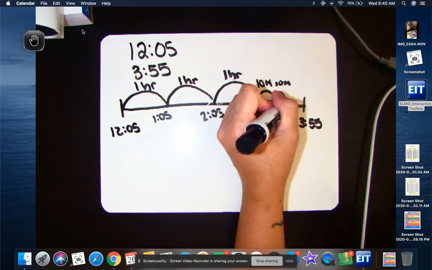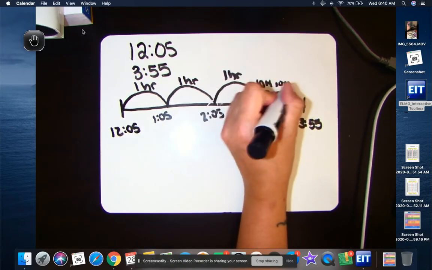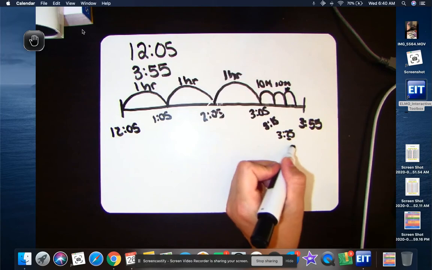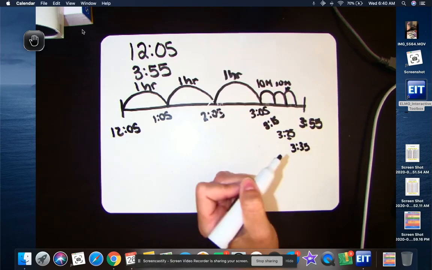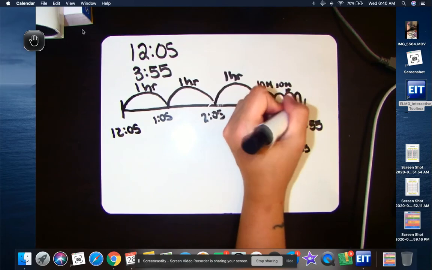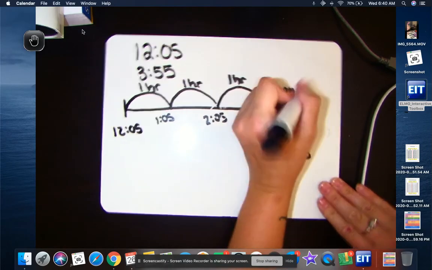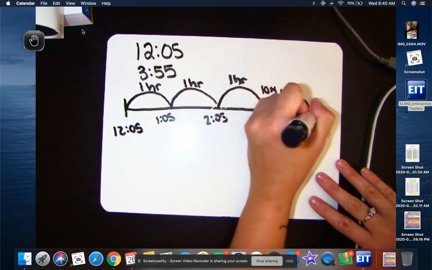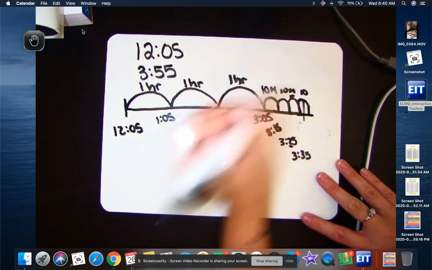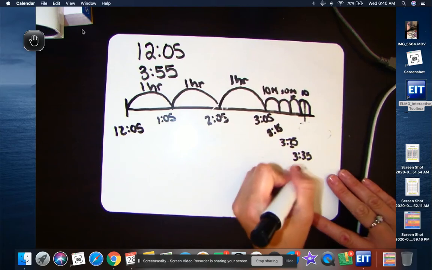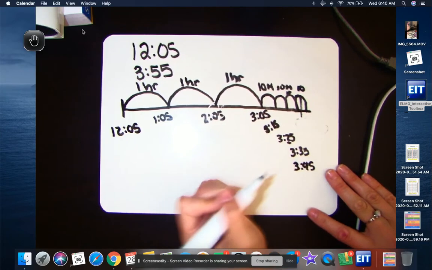So I can do the same thing. Another 10 minutes is going to be 3:35. Another 10 minutes, and I'm going to erase my line and make it a little bit longer so we have room. Another 10 minutes is going to be 3:45.